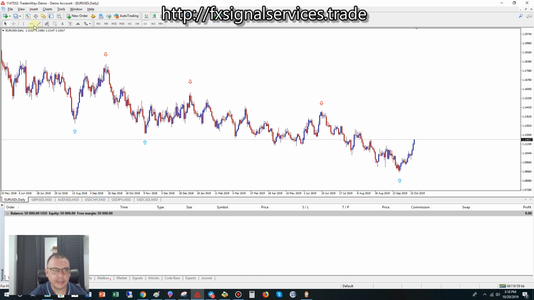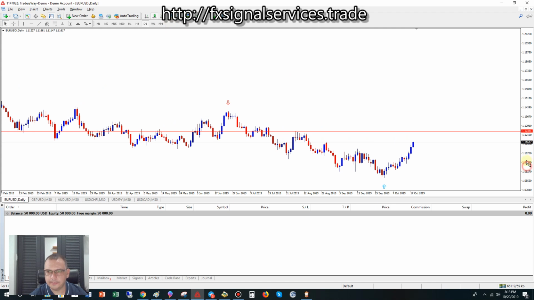The next level of resistance is going to be right here. Let me zoom in so you can see that. You see that this is where the price is right now. It was a level of resistance and support before, but the next level of resistance is right here where it hit before.